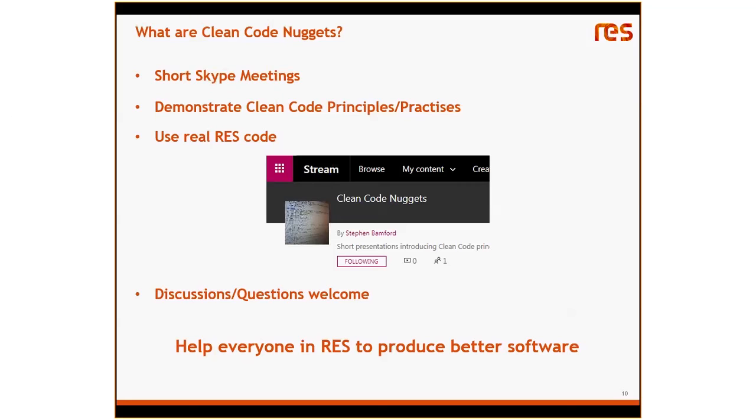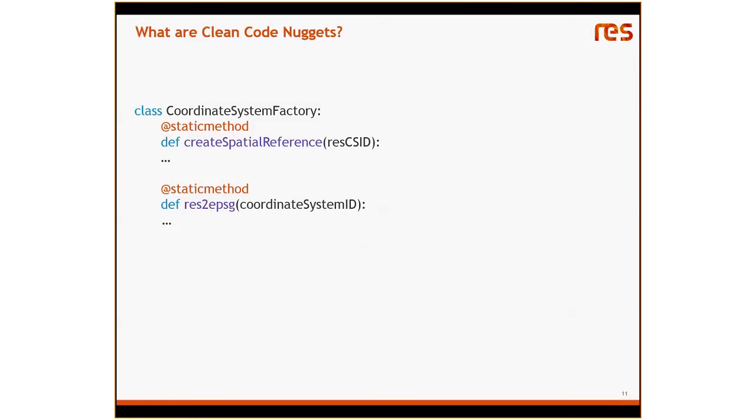As a quick example of the kind of thing that we'll be doing, let's go back to our example from earlier and see if we can find and fix the 3 problems that we spotted earlier. Firstly, by looking at the usage of this code, the second function, res2psg, is only used within this class, so it's actually a private function.